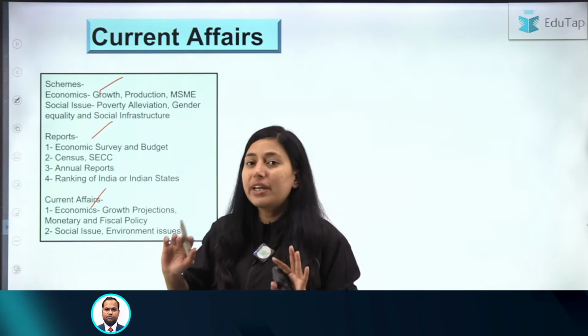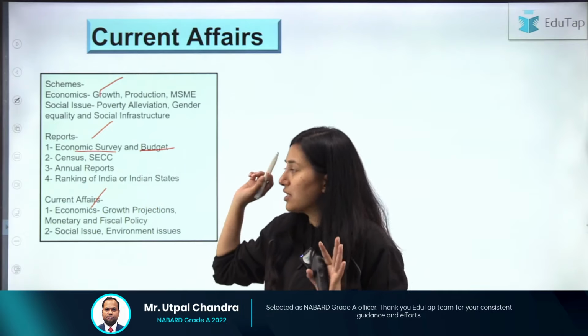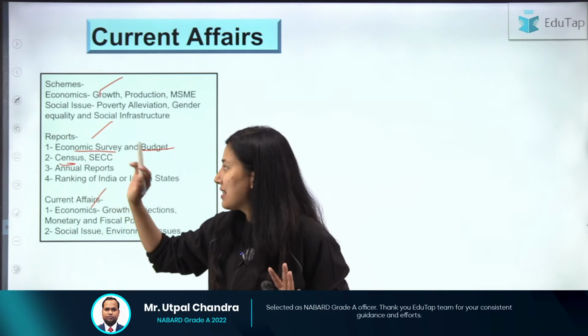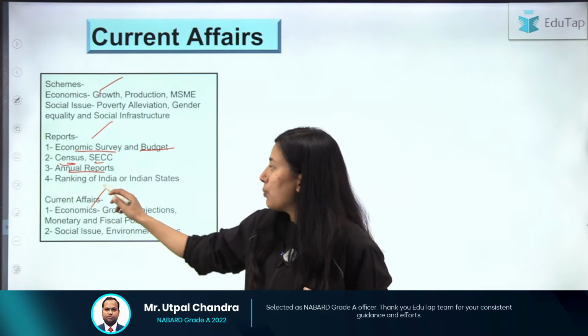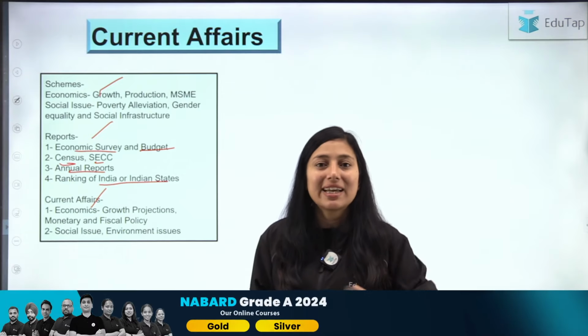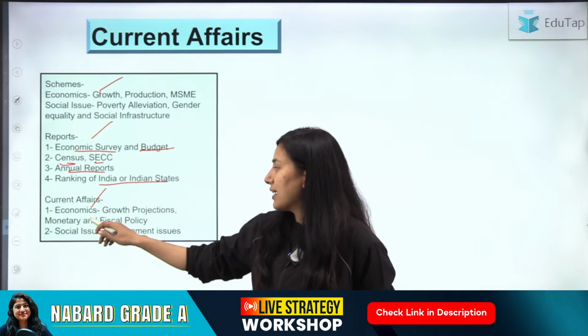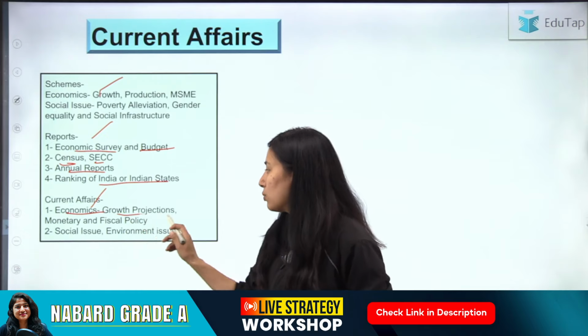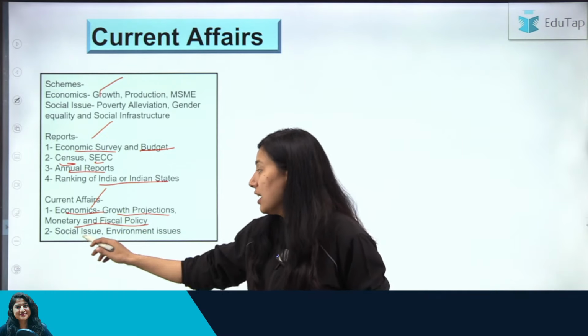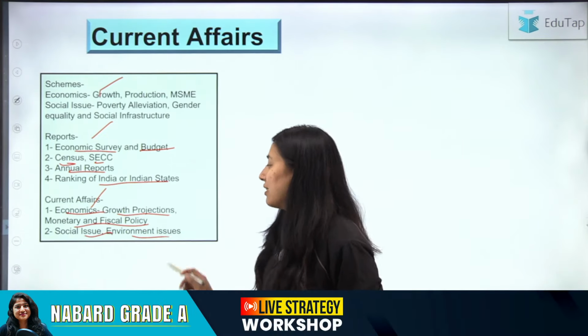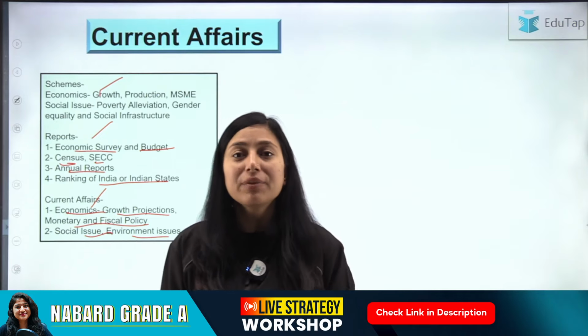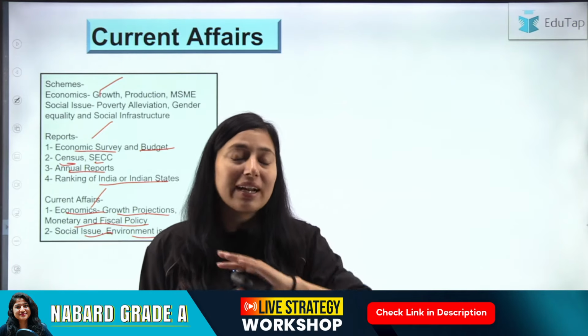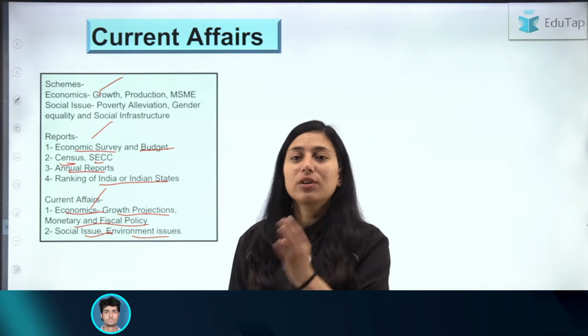Then any report you read, including the Economic Survey and Budget, again census for population trends, SECC, then annual reports, ranking of India and Indian states. Then you have to read all the current affairs related to economics, that is growth projections, monetary and fiscal policy, current affairs related to social issues, and to environment issues, that are given in your syllabus, and you have to read it, right?